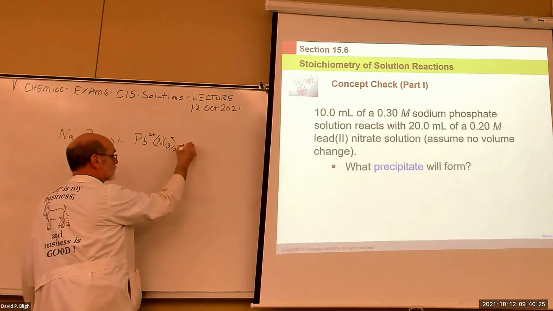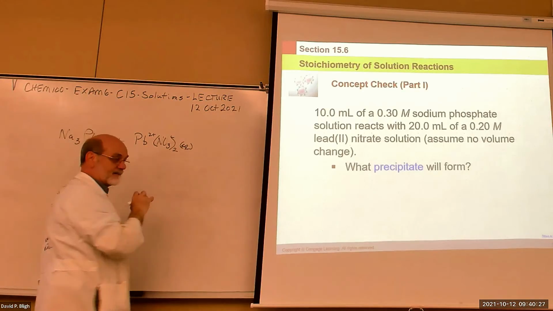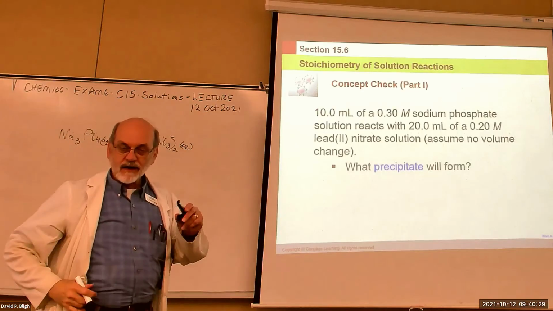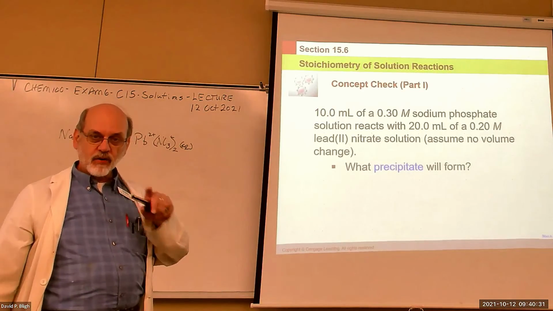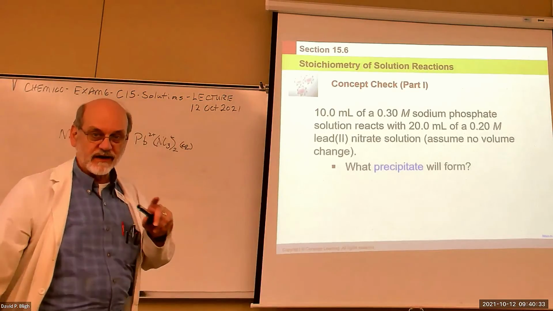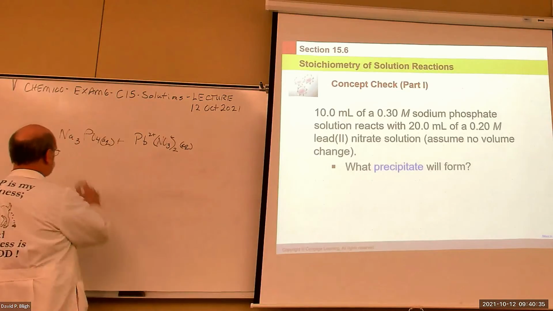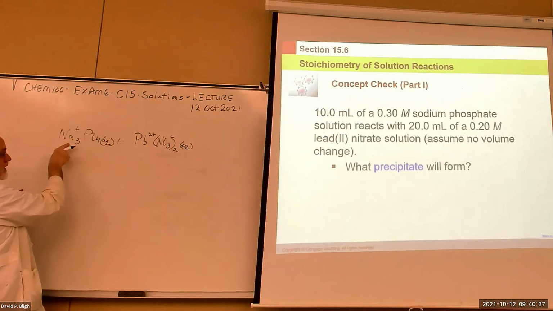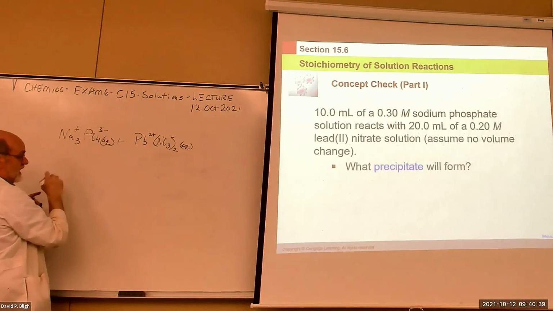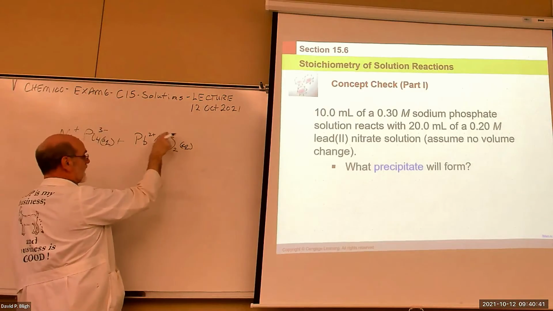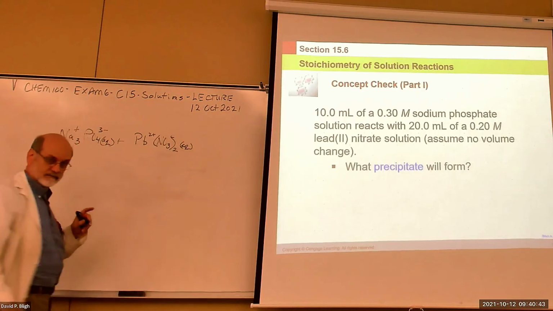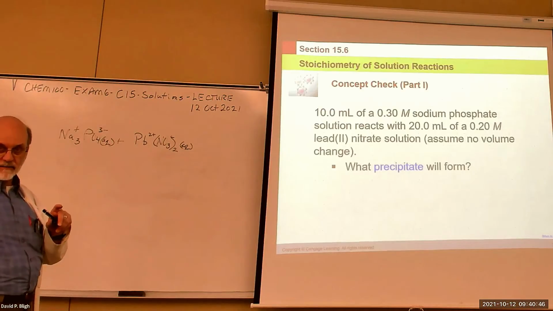And this is an aqueous solution. Okay? What did we say about ionic compounds in solution? They break up into the individual ions. Right? So this one's going to be sodium ions, this one's going to be phosphate ions, this will be nitrate ions, and that will be lead 2+ ions.